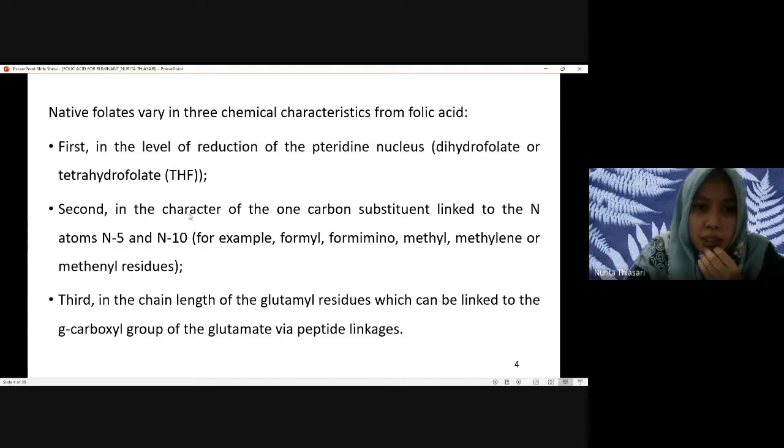Second, in the character of the one-carbon substituent linked to the nitrogen atom N5 and N10, for example, formyl, formimino, methyl, methylene, or methyl residues. Third, in the chain length of the glutamyl residues, which can be linked to the gamma-carboxyl group of the glutamate via peptide linkage.